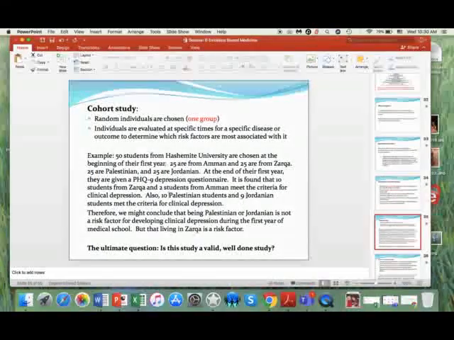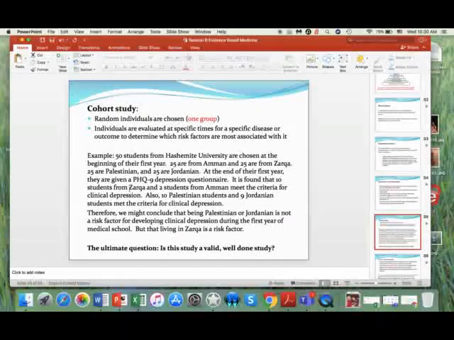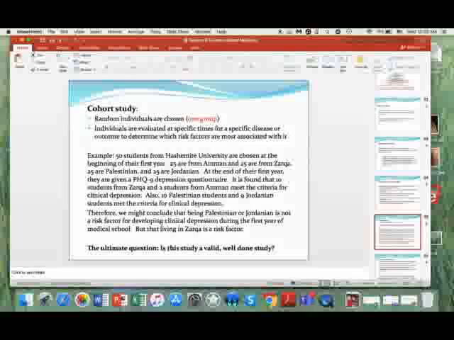So we think that's probably not a strong risk factor. But we might look at living in Zarqa. That is a risk factor for depression because 10 students from Zarqa and only 2 students from Amman met the criteria for depression. The ultimate question is, is this study a valid, well-done study?